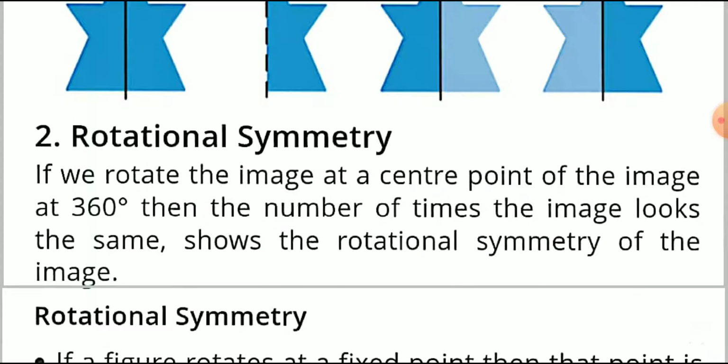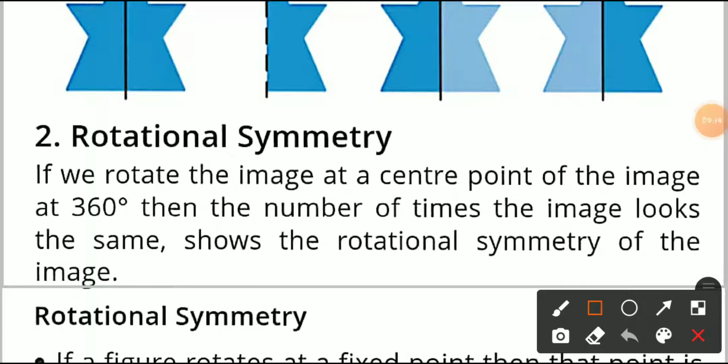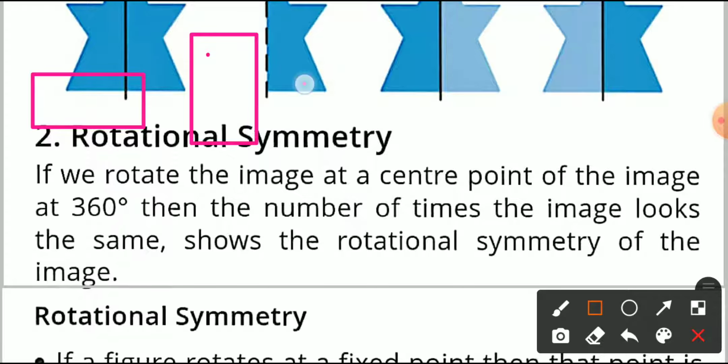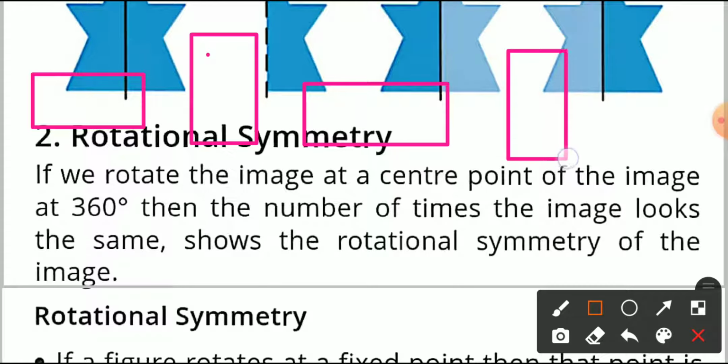Okay, wait a minute. Take an example of a rectangle. The first time it looked like this, and the second time it looks like this. The third time again it looks like this, and the fourth time again like this.